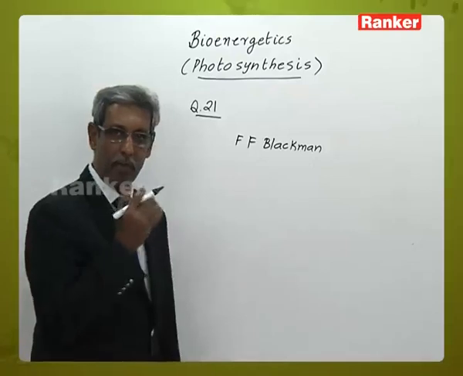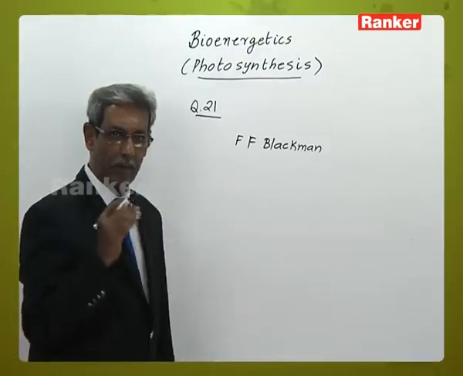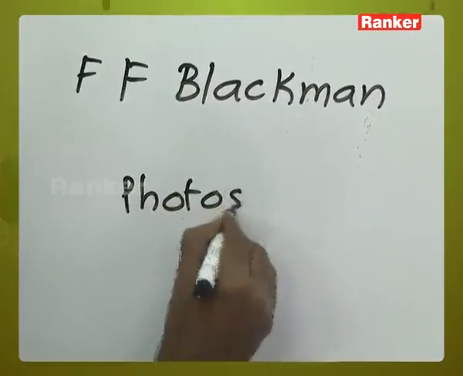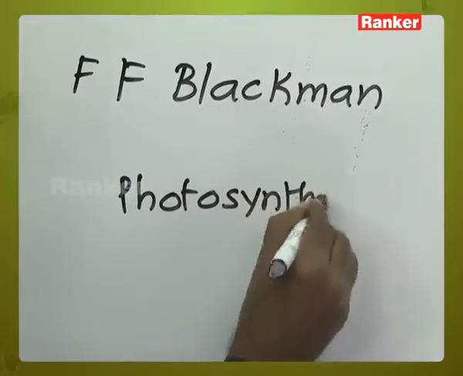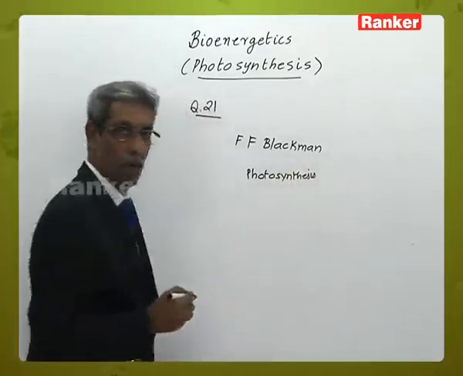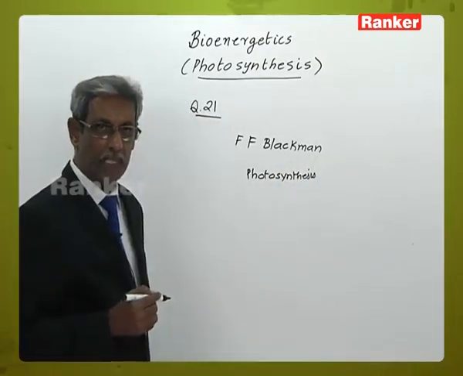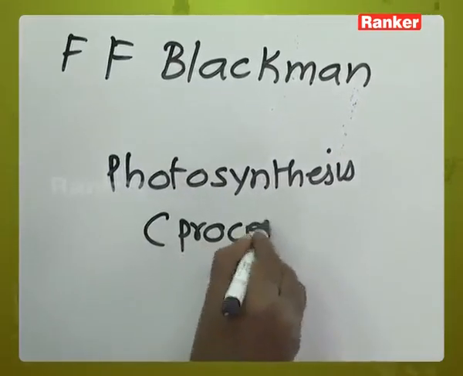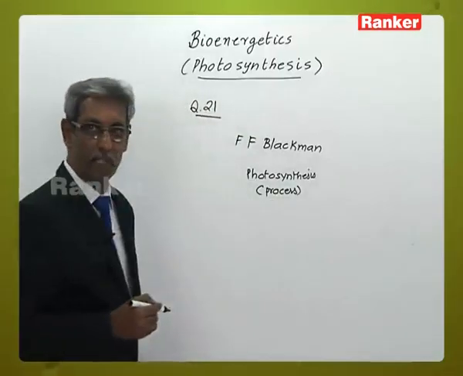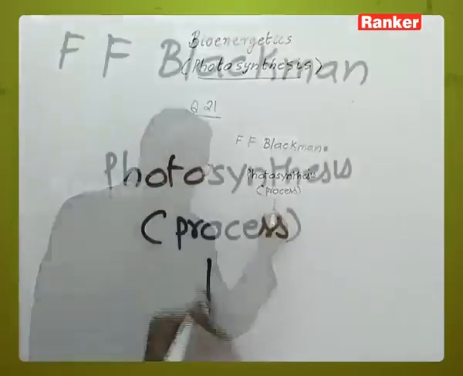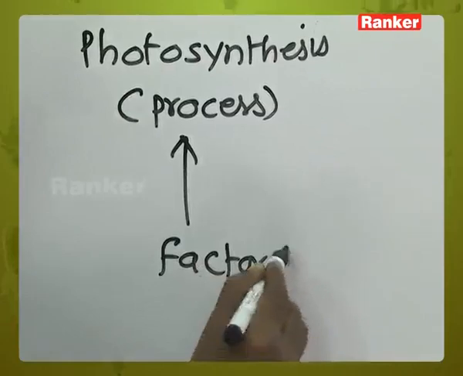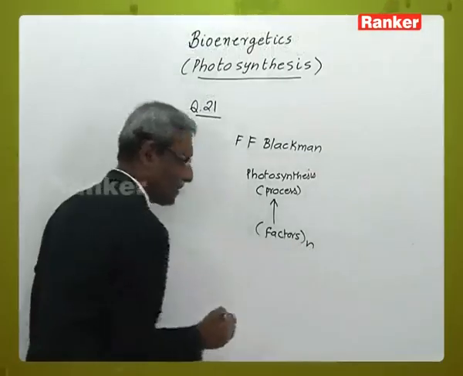So, according to F. F. Blackman, when you take a process like photosynthesis, photosynthesis is a process which is determined by several factors, like say n number of factors.